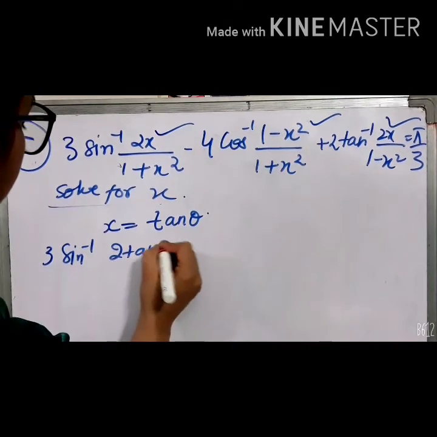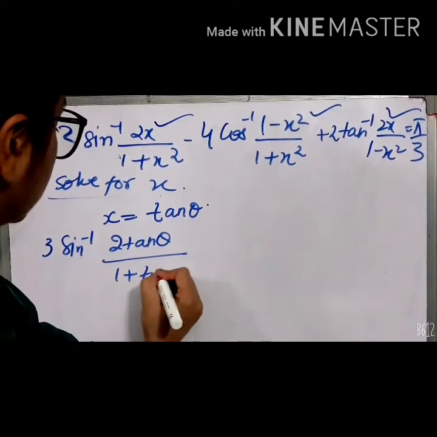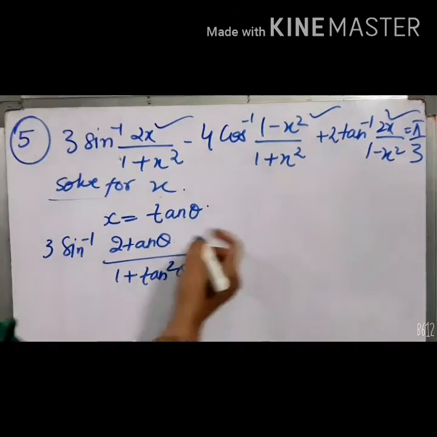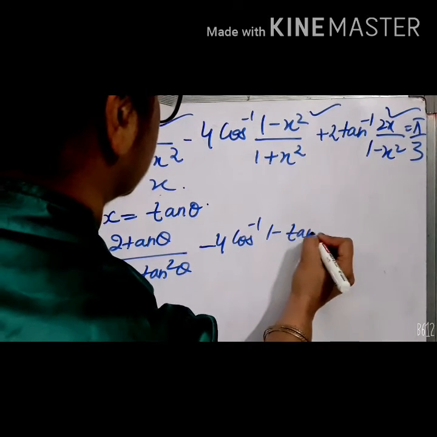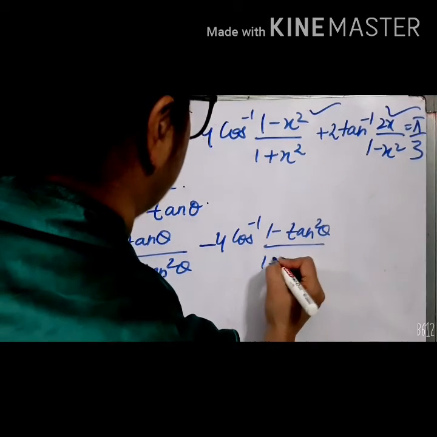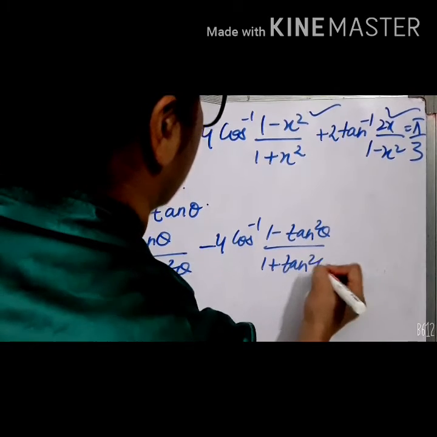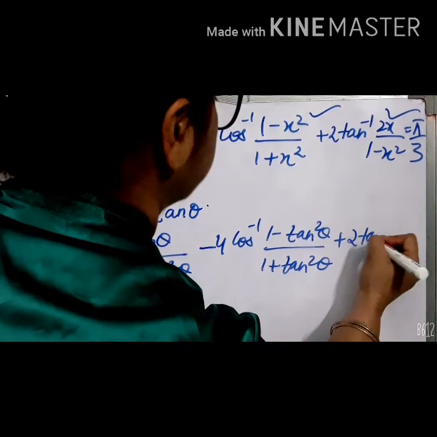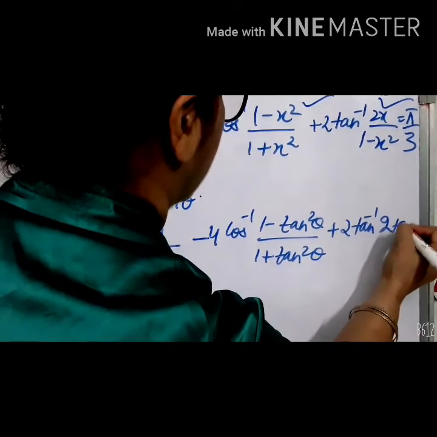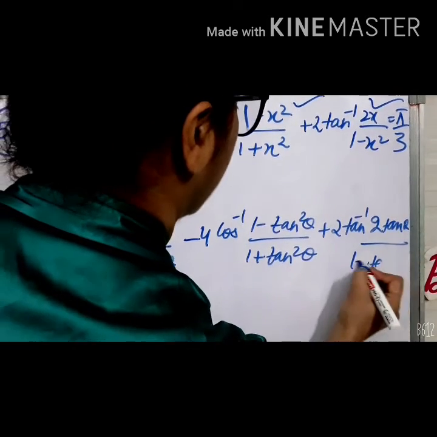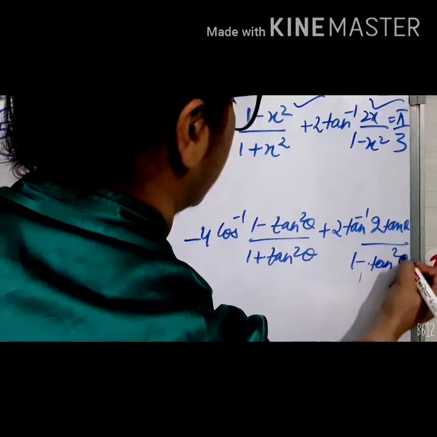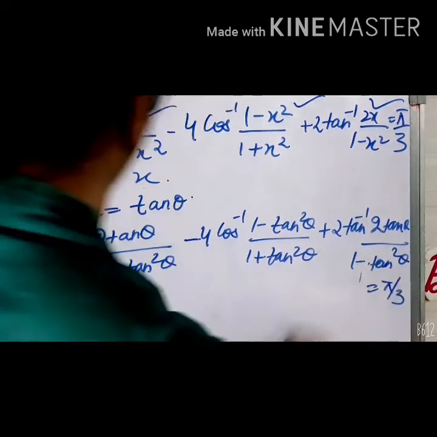It becomes 2 tan theta by 1 plus tan square theta. Similarly, minus 4 cos inverse of 1 minus tan square theta by 1 plus tan square theta. Now plus 2 tan inverse of 2 tan theta by 1 minus tan square theta is equal to pi by 3.